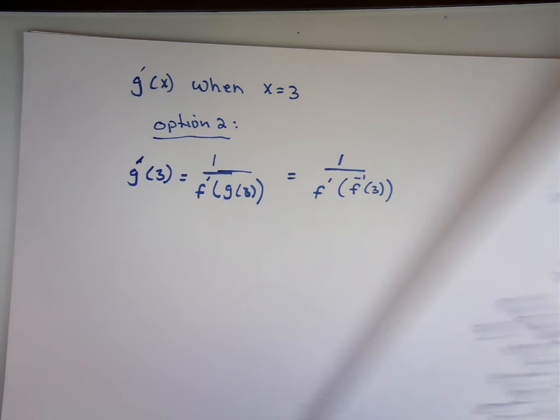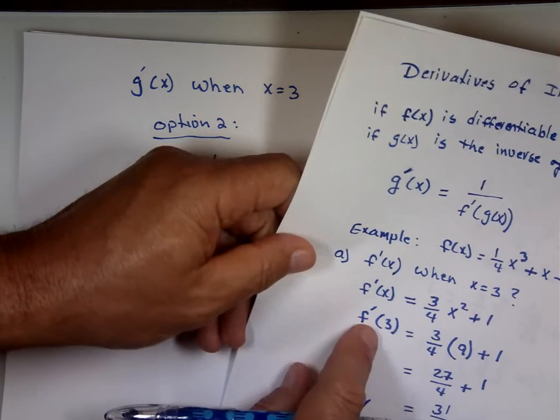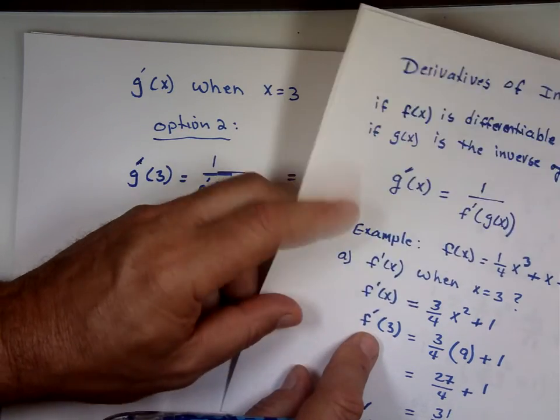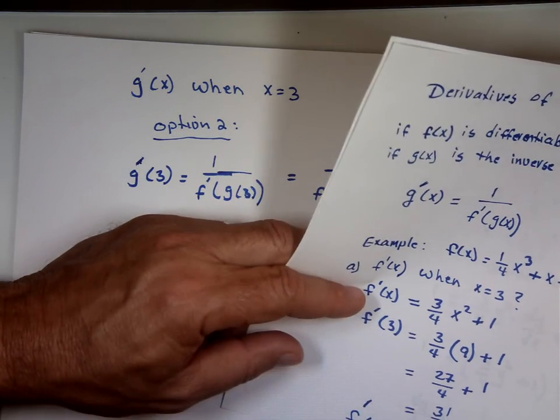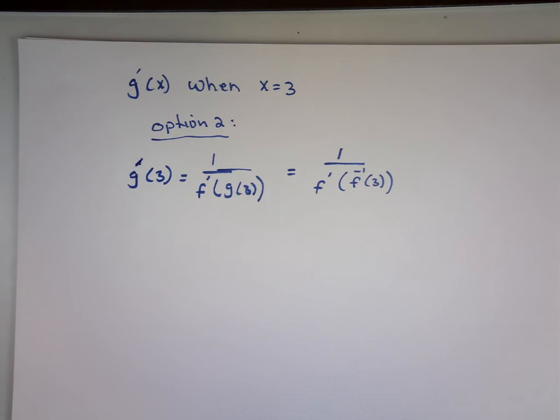What's my f prime here at 3? What did I find for an answer? Oh, that's the derivative. Need the inverse. Sorry. So I need to find what g sub 3 is.